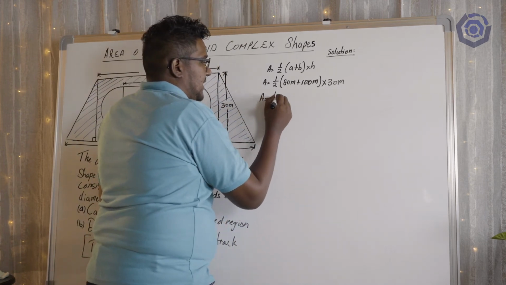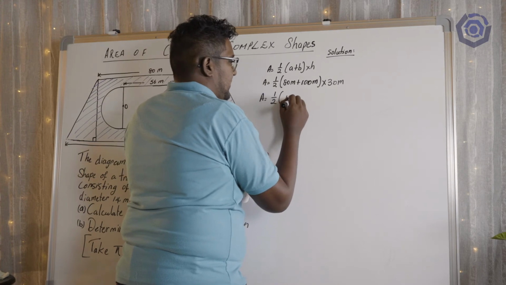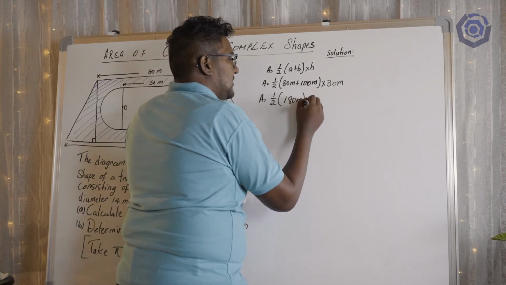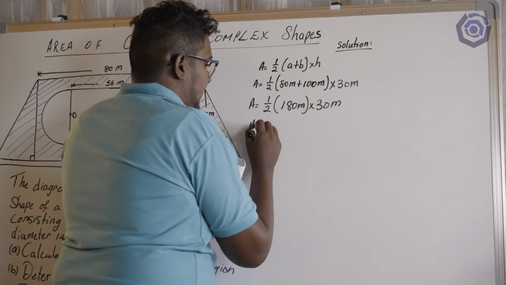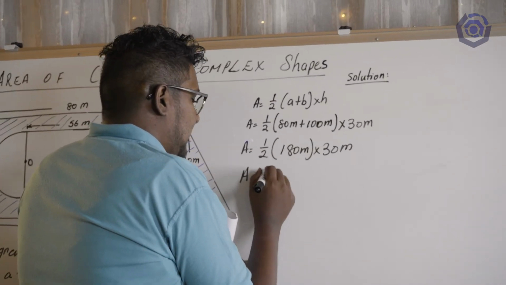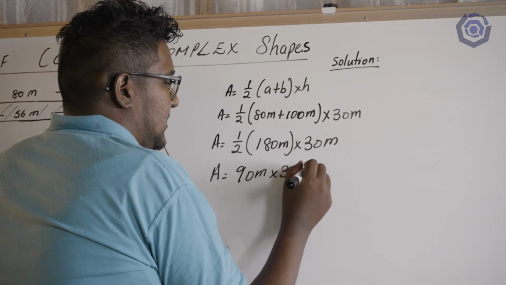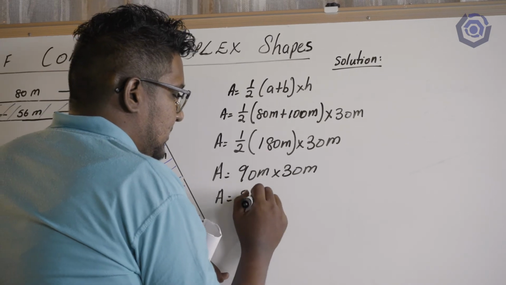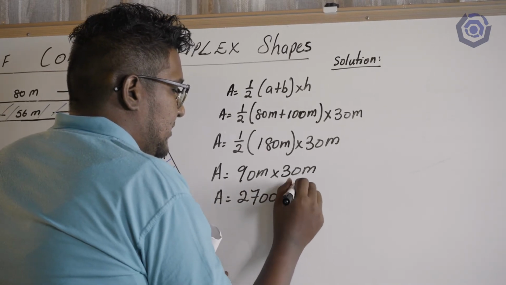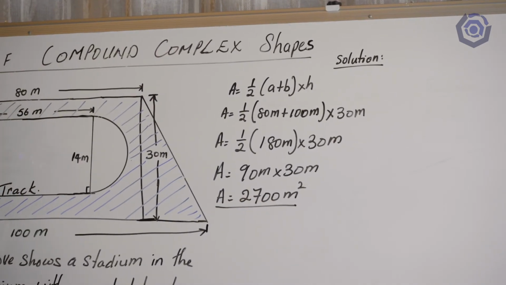A equals a half of 80 plus 100, which gives me 180 meters, times 30 meters. A is a half of 180, which is 90 meters, times 30 meters. A is going to be 2,700 meters squared. So this is the area of my big shape.